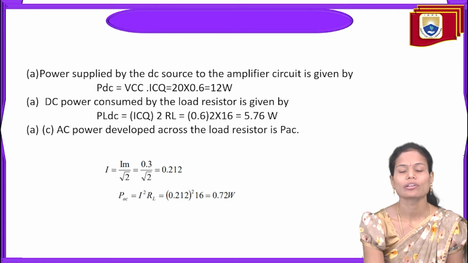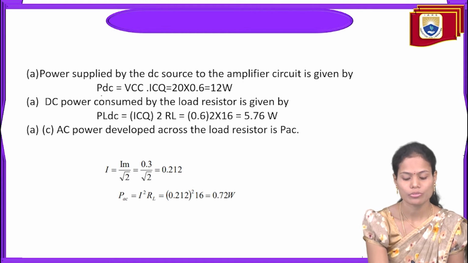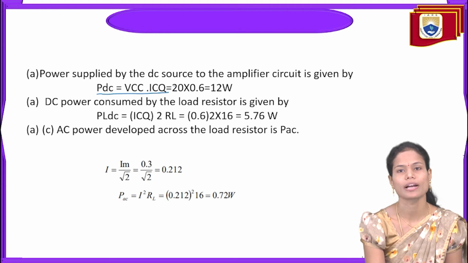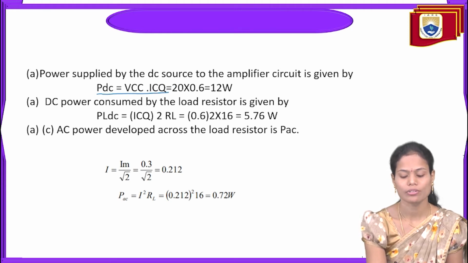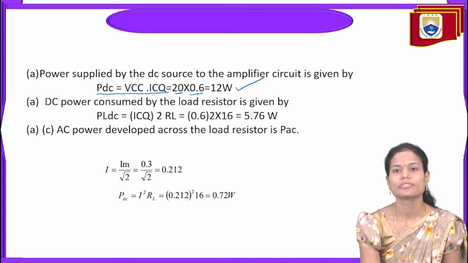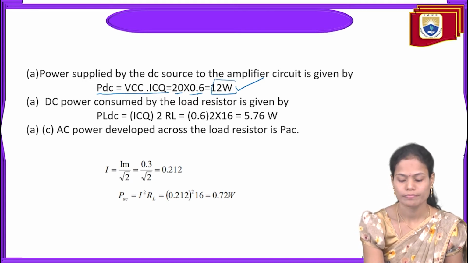We can calculate that from the supply voltage and the quiescent current. So I have written PDC equal to VCC into ICQ. The VCC value is given as 20 and ICQ value is 0.6. So the DC power supplied to the circuit is 12 watts.